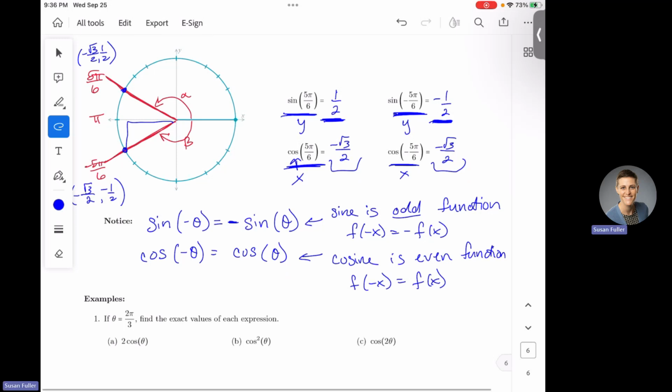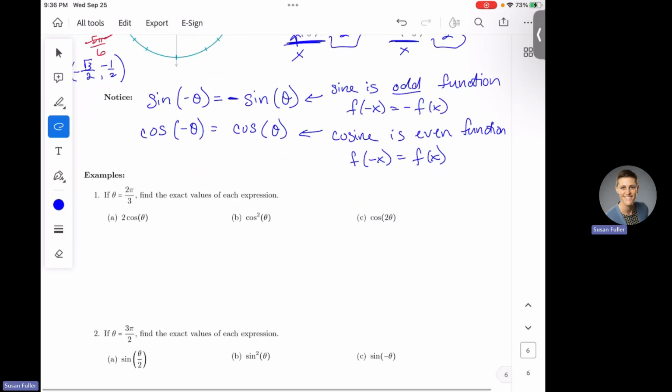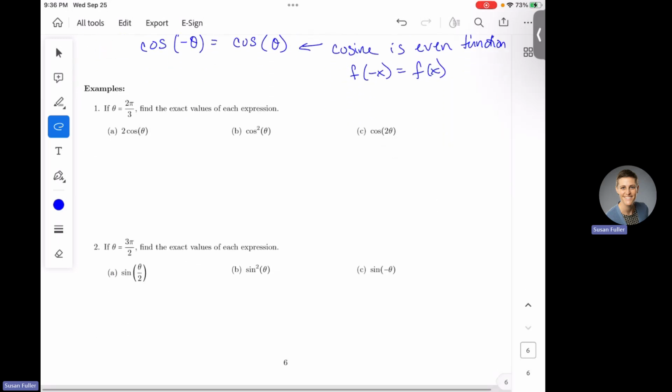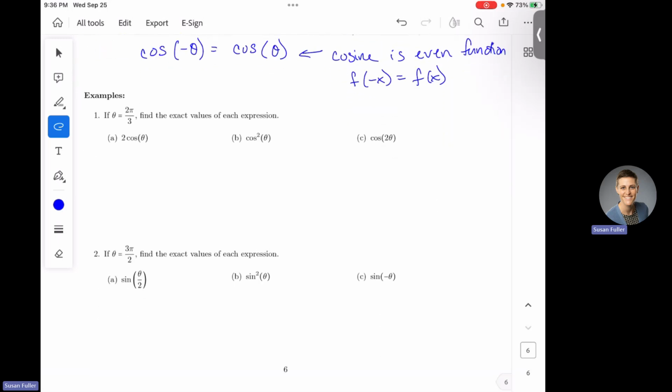Okay, and then the very last thing, and then I promise we will be done with module 6, are these examples here. This is sifting through notation and what this means. So if theta is 2 pi over 3, we need to find the values of each of these expressions.